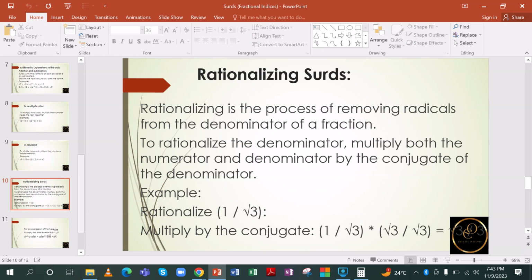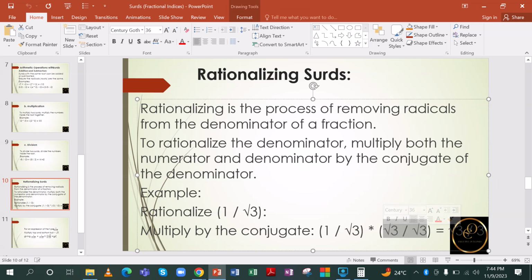For instance, if you are rationalizing 1 over square root of 3, you multiply by square root of 3 over square root of 3, with the same square root of 3 as the new numerator and as the denominator. What you see here is what is known as the conjugate of the denominator. That's how you rationalize.